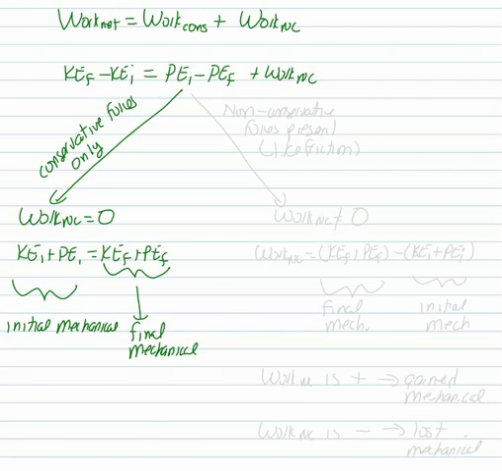What happens if there is a non-conservative force? Something like friction. Non-conservative forces present in a system, like friction, well, that means the work term is not 0.